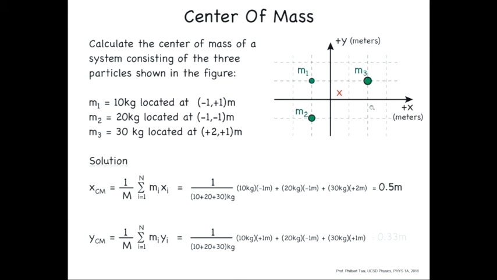And the 30 kilogram is at +1. So that's +10 minus 20, which gives me -10. And then I add another +30, and that gives me 20 out of 60, which is 1/3. So it's down here a little below half. So at 1/2 and 1/3, that's the center of mass.